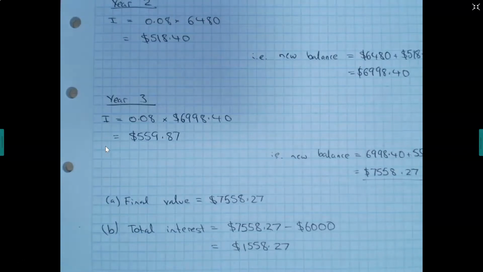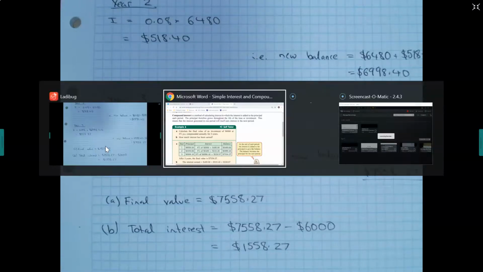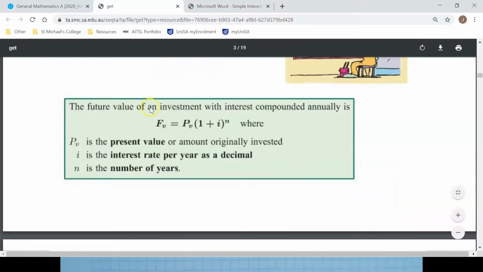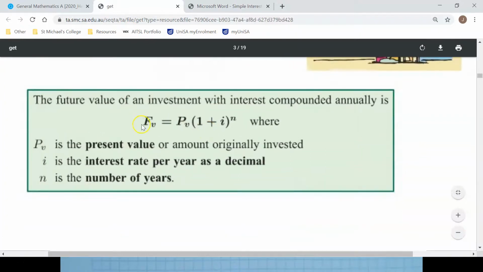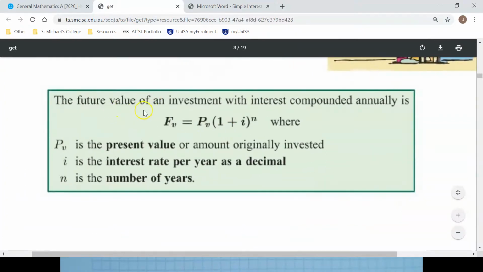So there's actually a formula that we can use to determine how much interest has been accrued over a longer period of time. So the future value of an investment, FV, is equal to the initial amount times 1 plus i, where the interest rate again has to be written as a decimal, to the power of n.